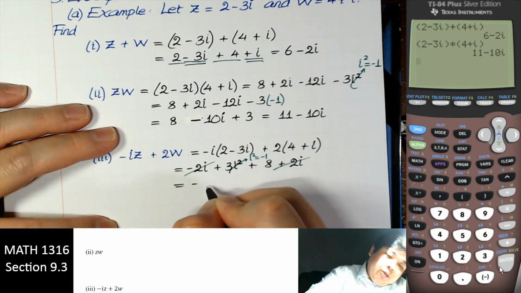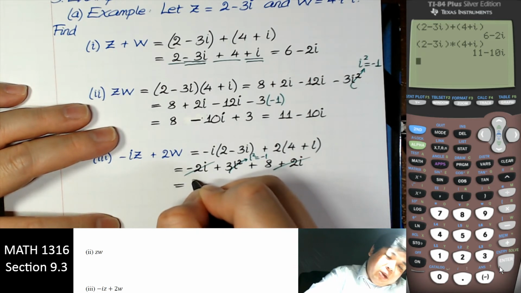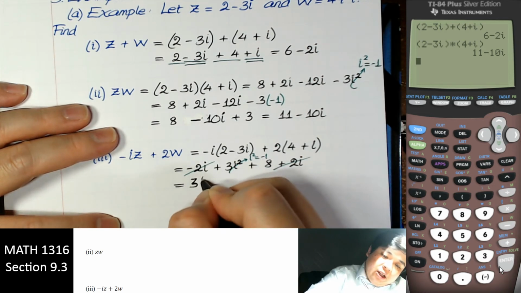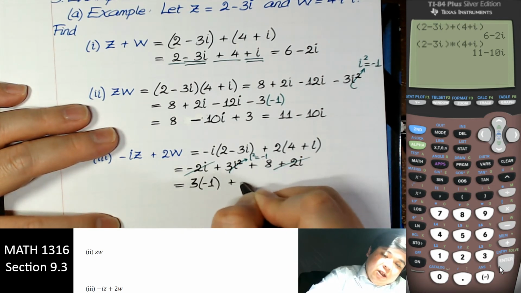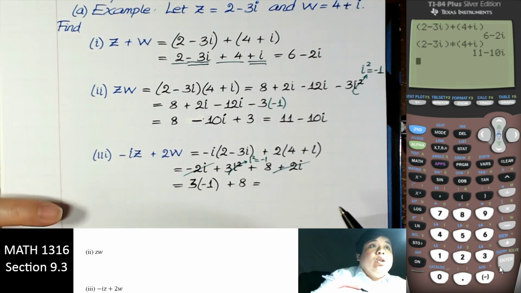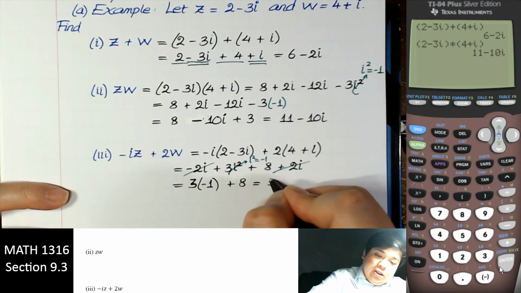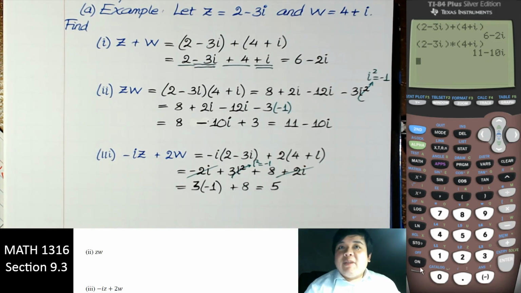We have negative 3 times i squared, which is negative 1, plus 8. So that is 5. So we have i times 2 minus 3i plus 2 times 4 plus i.